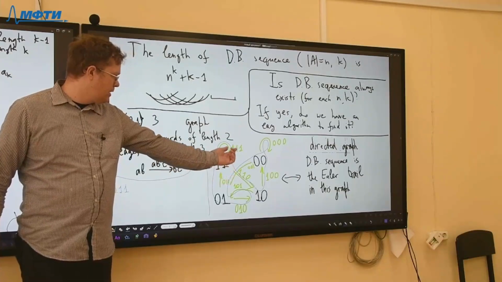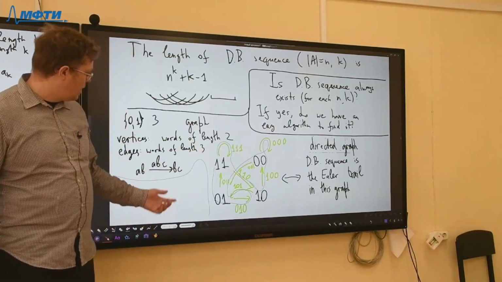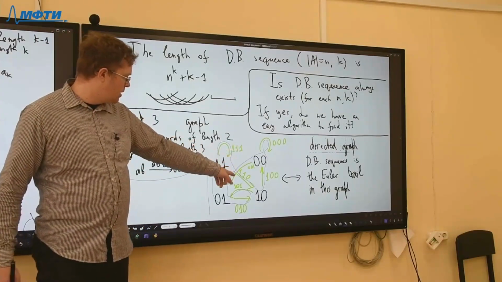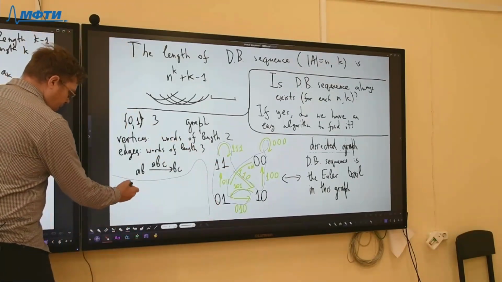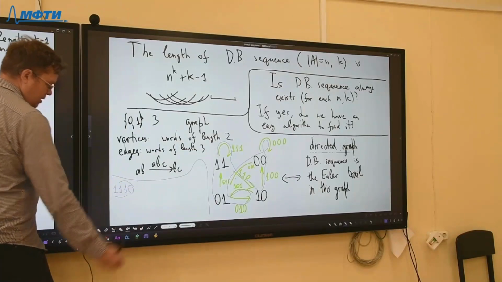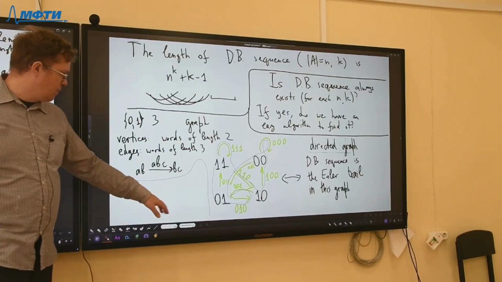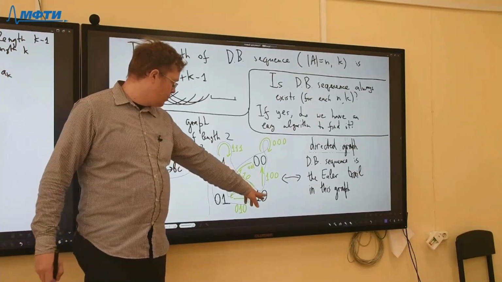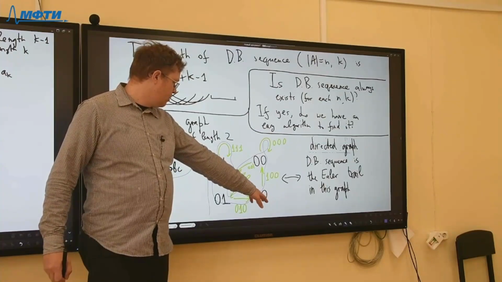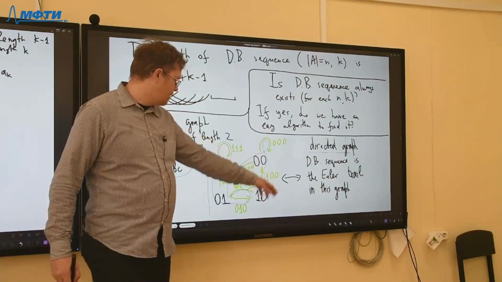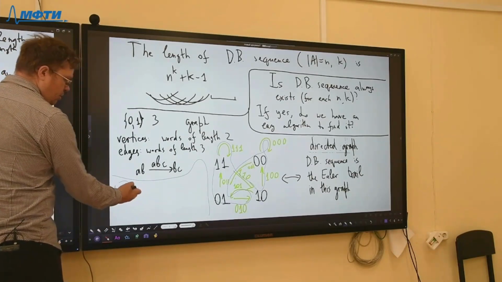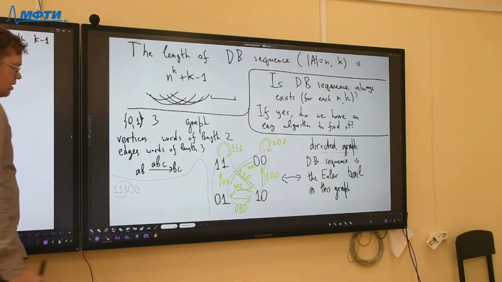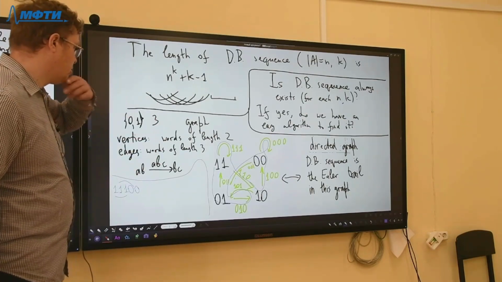It means that the ending of the first word is the same as the beginning of the second word, which means that we can extend the sequence. Again, if we end in the vertex, the node 1 0, it means that the first part of the next edge will begin from 1 0. So we can just get the sequence from the Euler trail.